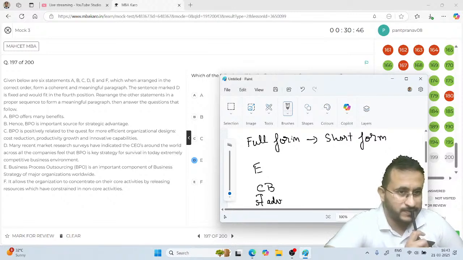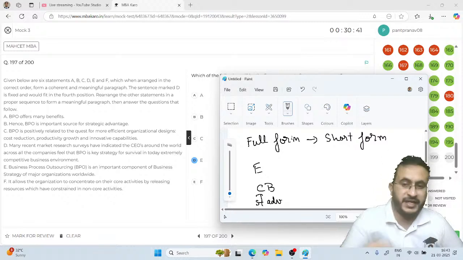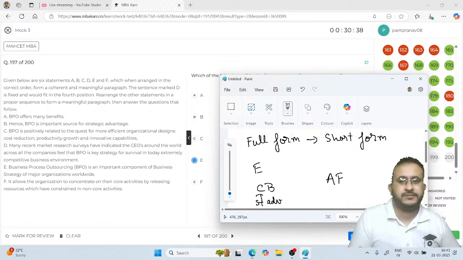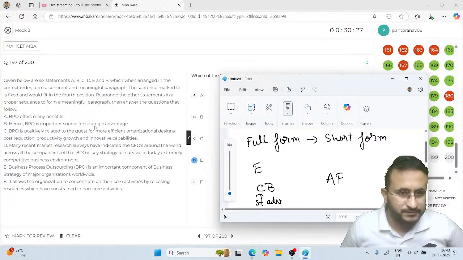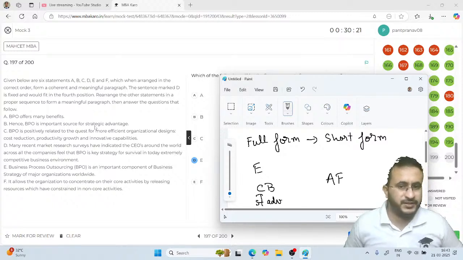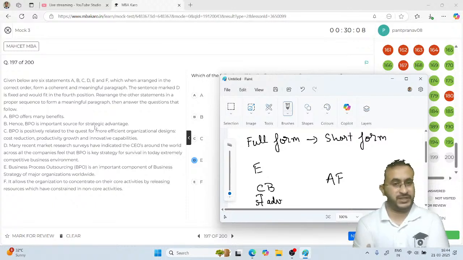Okay, so A and F. If you see A and F, A says BPO offers many benefits and F describes those benefits. Concentrate on core activities by reducing. Okay. D looks to be a different one. Key strategy for survival.